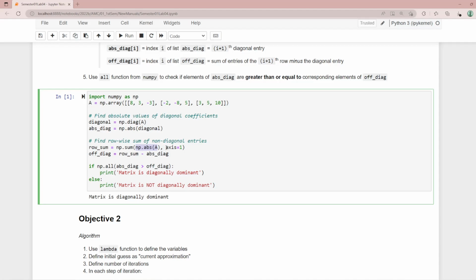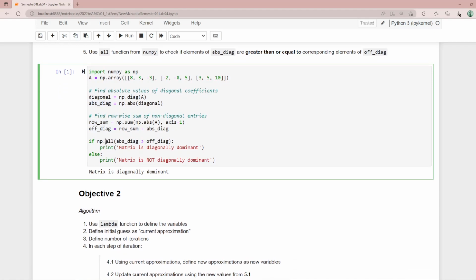Please mention axis equal to 1, which is required for taking the summation over the rows. Okay, the next command over here is off_diag equal to row_sum minus abs_diag, which means that we'll be taking the row-wise summation of the entries, and from that we'll be subtracting the absolute value of the diagonal entry for the corresponding row.